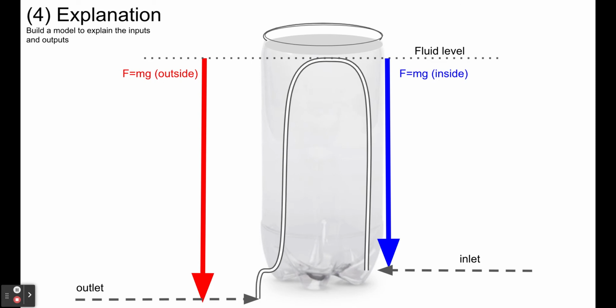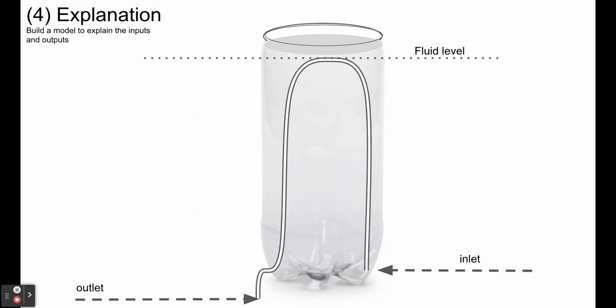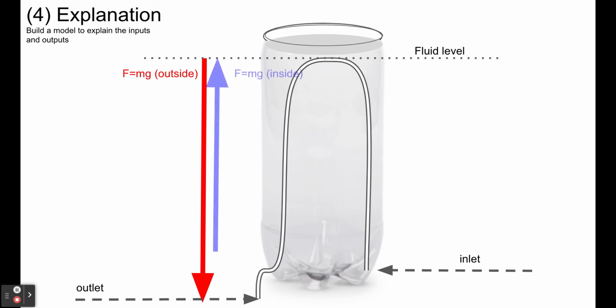If we look at this from the outside, the force of gravity on the fluid in this side of the container can be described as the mass of whatever is in there times the acceleration due to gravity, 9.8 meters per second squared.